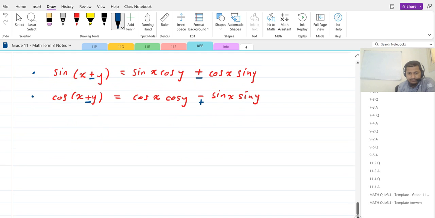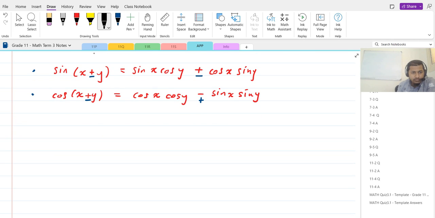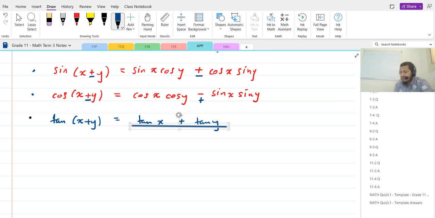Right. Next one. If I have tan, you don't really need to know tan because you know tan is sine over cos. But anyways, let's just do the tan here. Tan of x plus y, right? Which is tan x plus tan y divided by 1 minus tan x tan y.